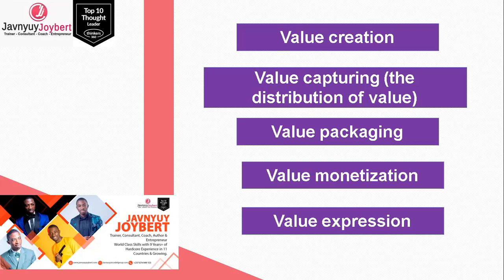Now that's value packaging. When you do that, the killer business strategy here is that people will be able to buy effectively and make a quick buying decision because they see themselves in the value that you created.